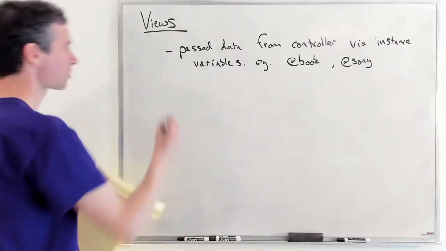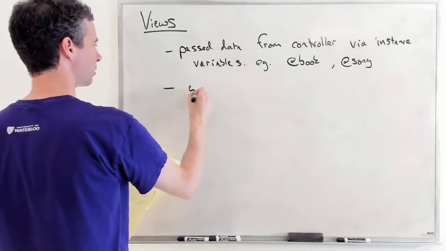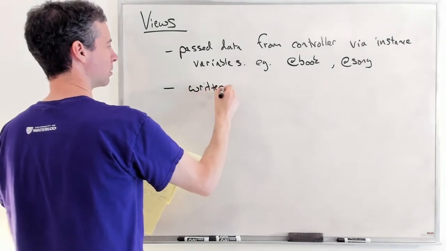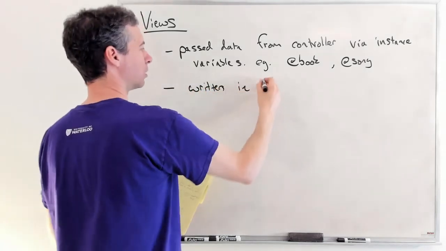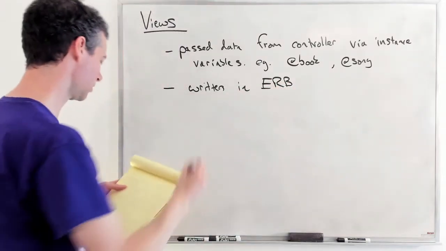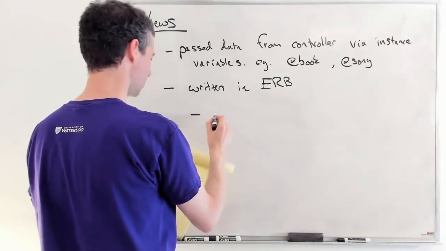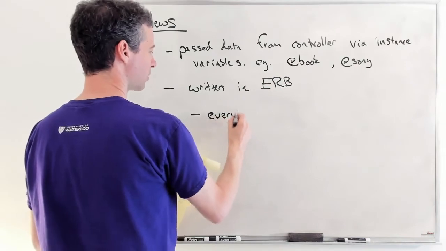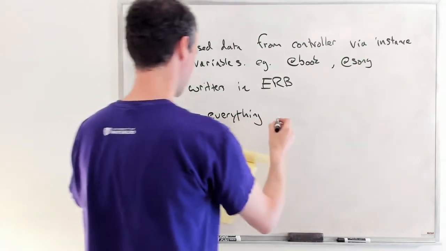All right, so the views are written in ERB. I actually do not know what that acronym means, but basically it's set up. You've seen this already, but let's review it quickly.